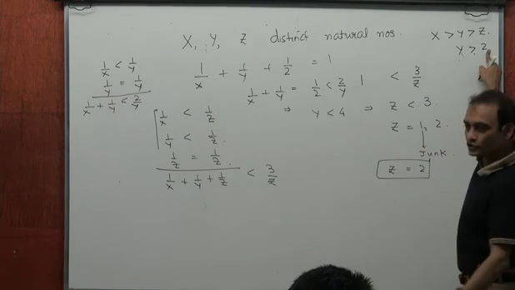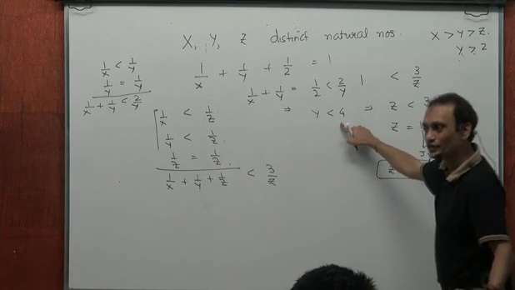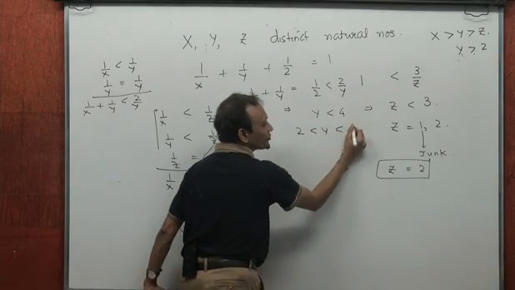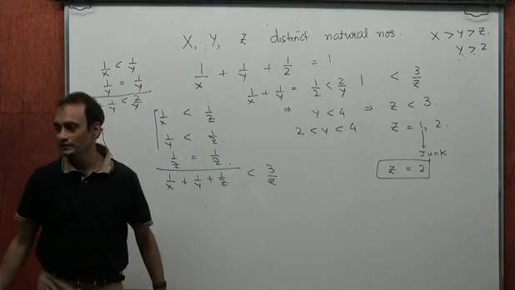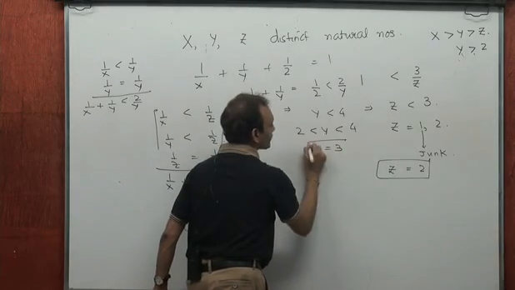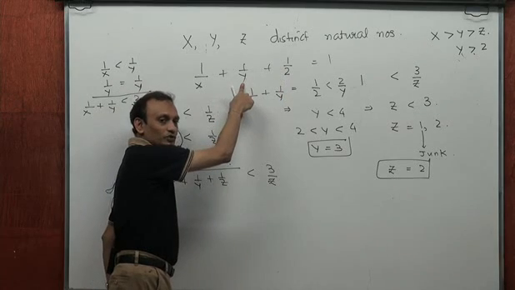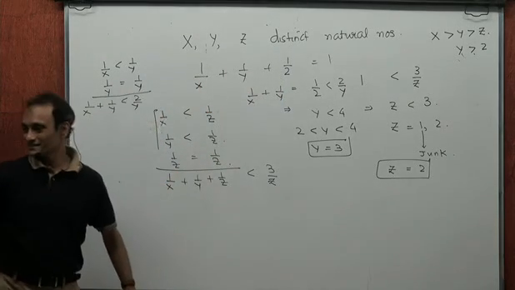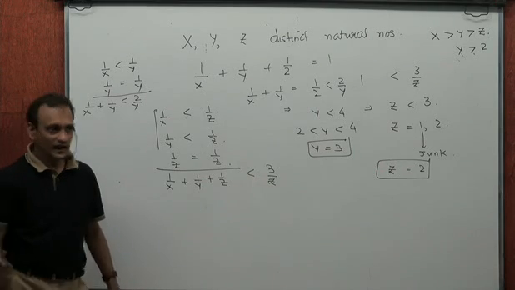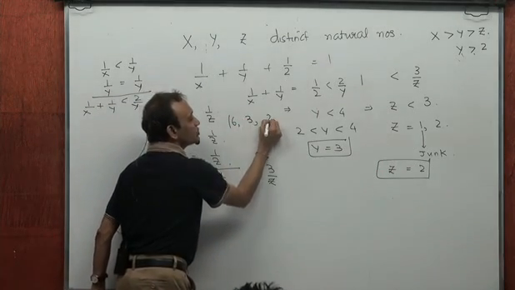Y greater than 2, y less than 4. What's the only natural number y? 3. Y must be 3, therefore. So z equal to 2, y equal to 3, you will get x equal to 6. Right? So you get x equal to 6, y equal to 3, and z equal to 2.